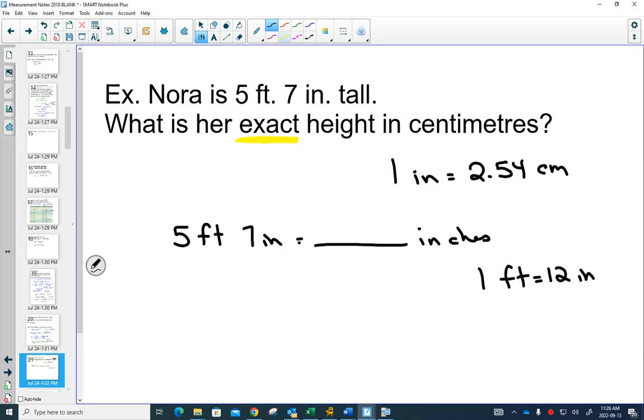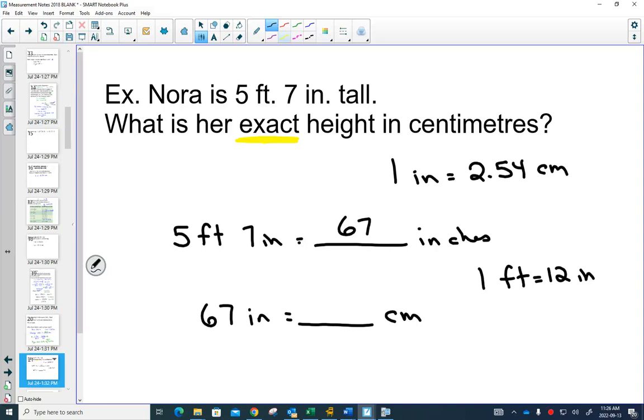It's going to be 67 because we can take the 5 feet, multiply it by 12 to get 60, add the 7 that was there, and find out that Nora is 67 inches tall. Then we can take the 67 inches and find out how many centimeters.